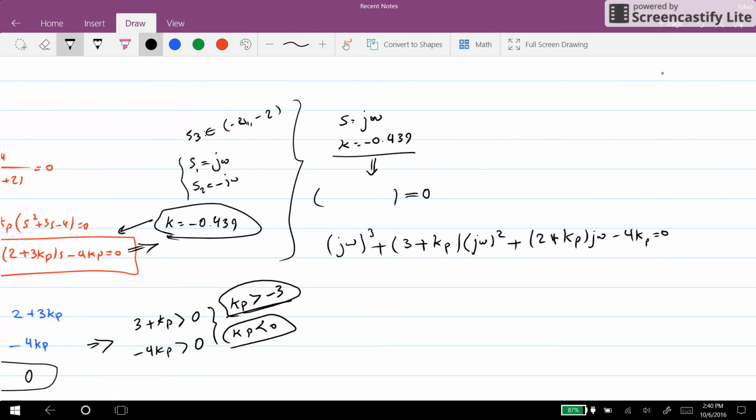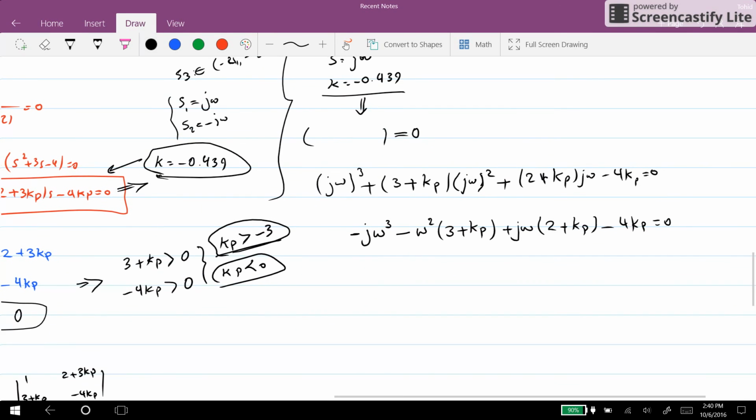And we can rewrite j omega to the power of 3 equal to minus j omega to the power of 3. J omega squared will be equal to minus omega squared. So minus omega squared times 3 plus kp plus j omega times 2 plus kp minus 4 kp equal to 0. And now we can divide this into the imaginary part and real part.